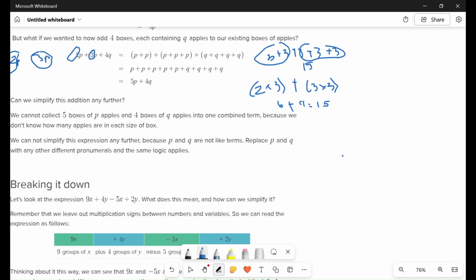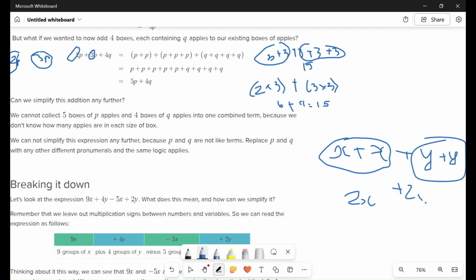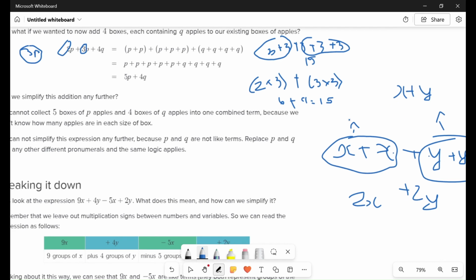What I mean to say is, if I have x plus x plus y plus y, x and x are the same variables, so this is 2x, and y and y are the same variables, plus 2y. So x and x are like terms, y and y are like terms, but x and y are not like. So x plus y, these are unlike terms.